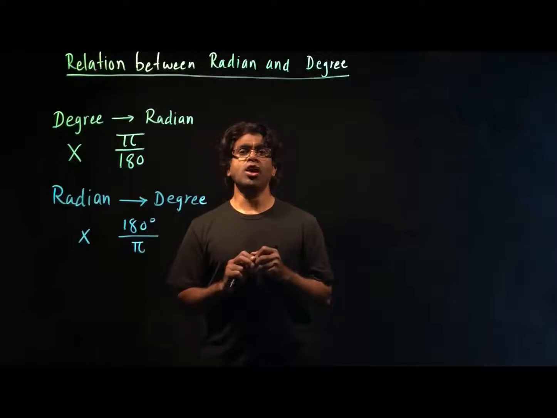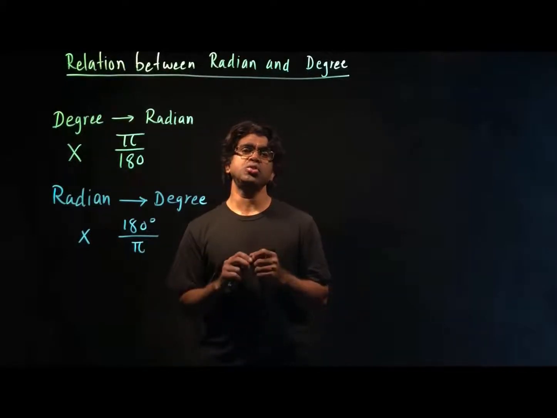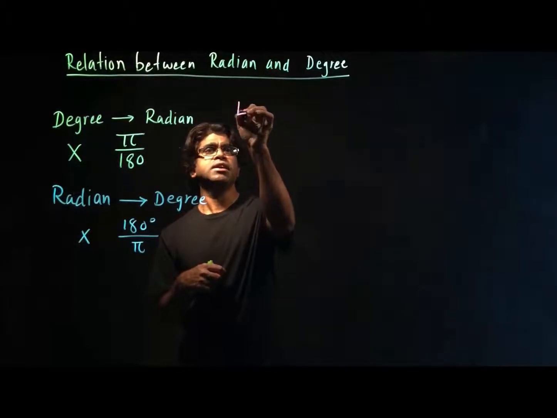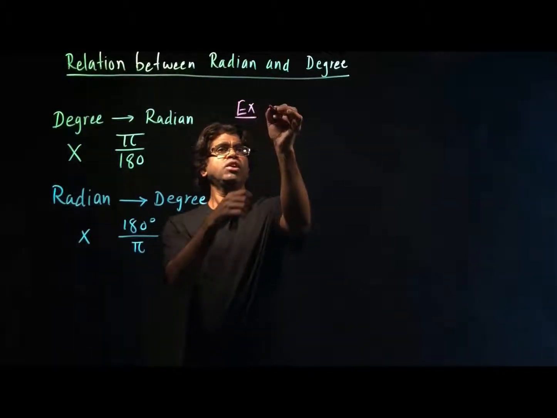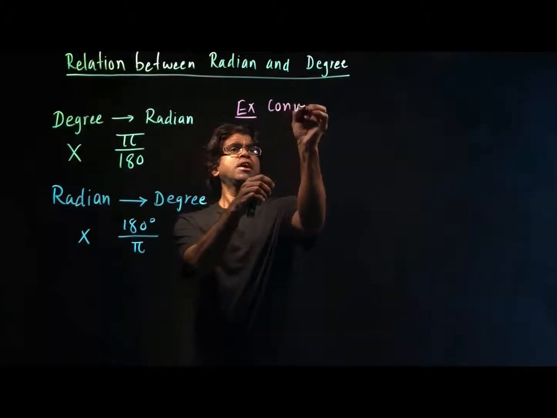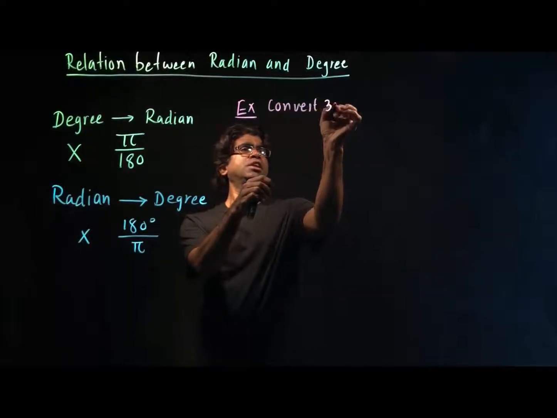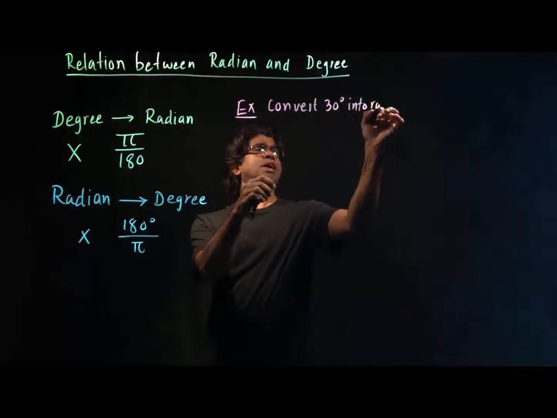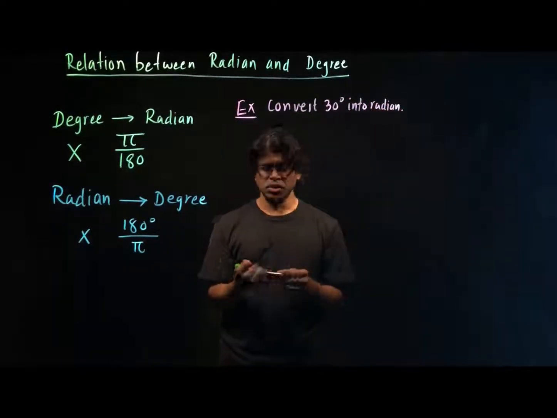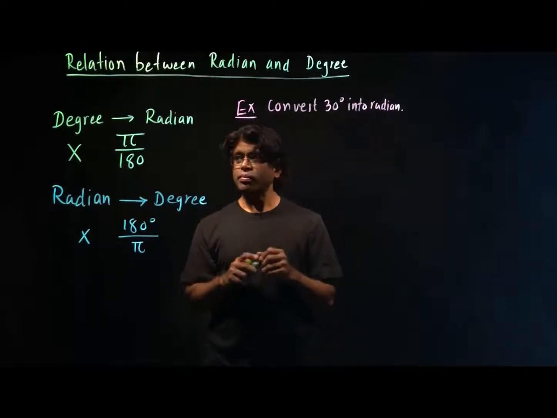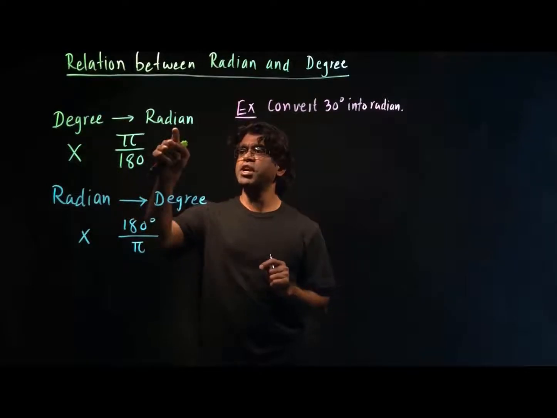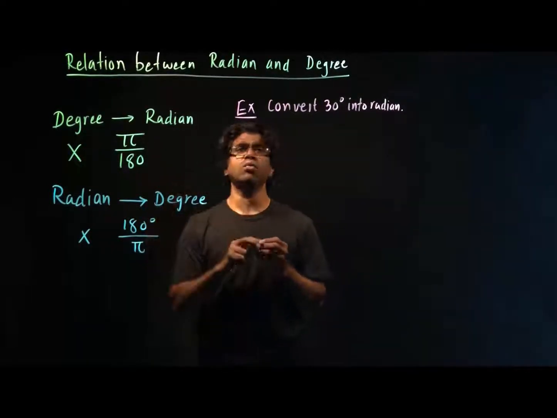Now, in order to explain this, I'm going to consider some examples. My example is: convert 30 degrees into radian. We all know that to convert from degree to radian, I multiply by pi over 180.